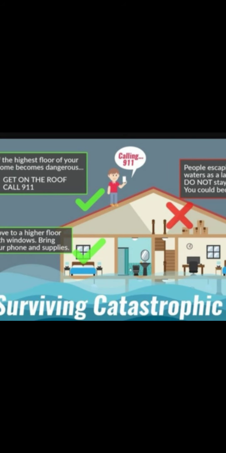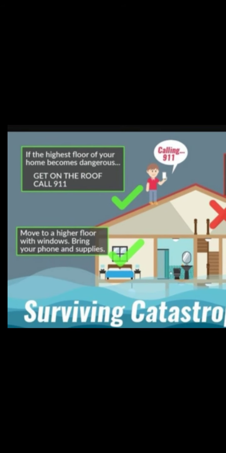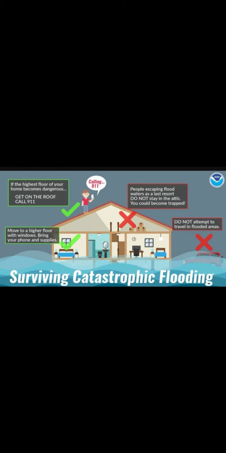Another thing you must not do is attempt to travel while flooding. People escaping flood water as a last resort should not stay in an attic, as you could become trapped. You have to follow these safety measures when there is a flood.